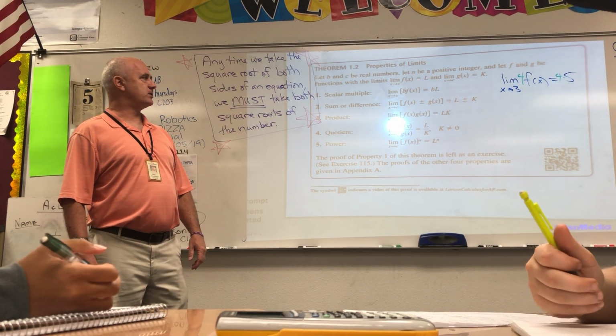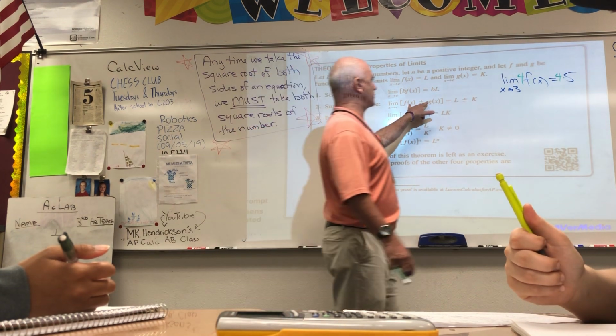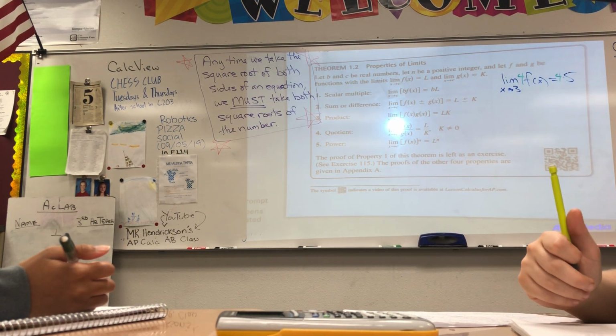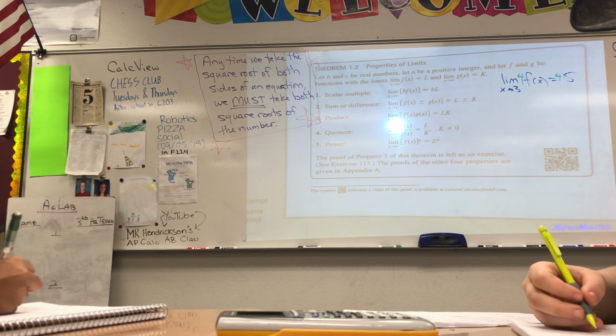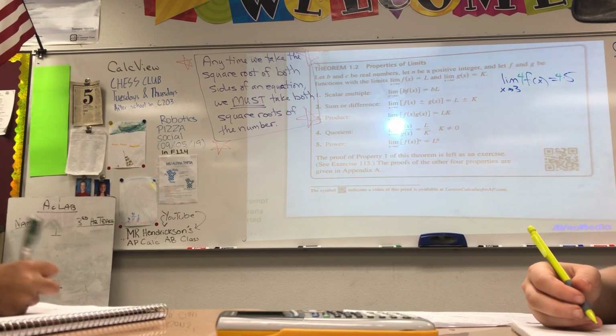The second one says that if we have two functions that we're adding or subtracting, and we want to find the limit of the sum or the difference of those two functions, then we would just add or subtract the limits.